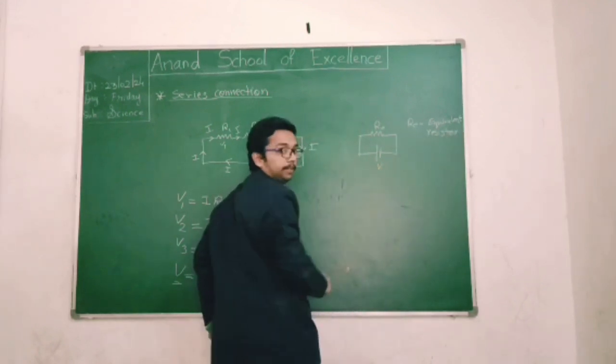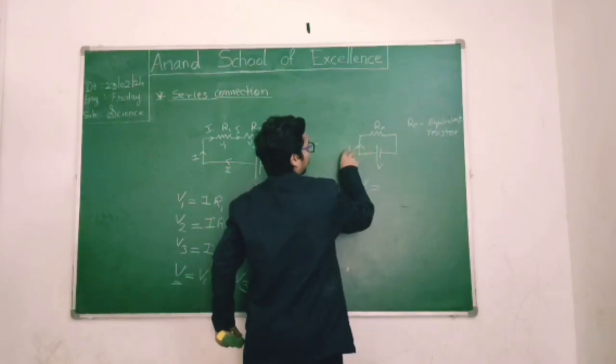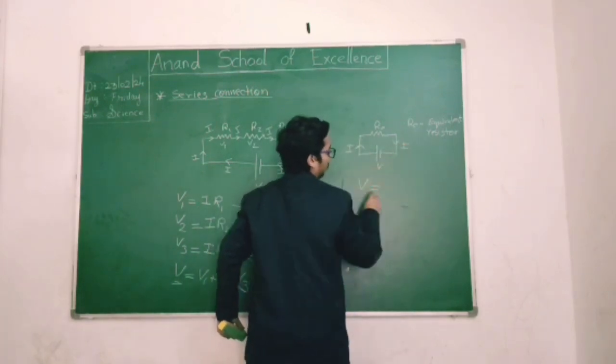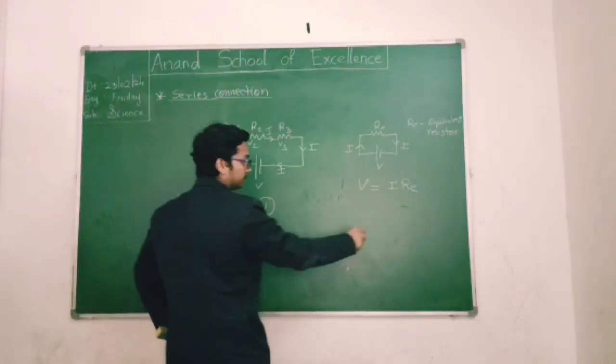And this is our V. So we can find V is equal to, the current is I as it is the same all over the circuit, I RE.